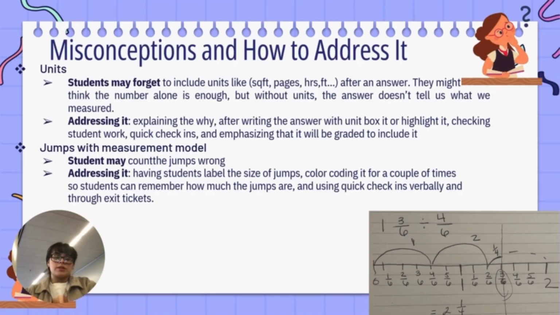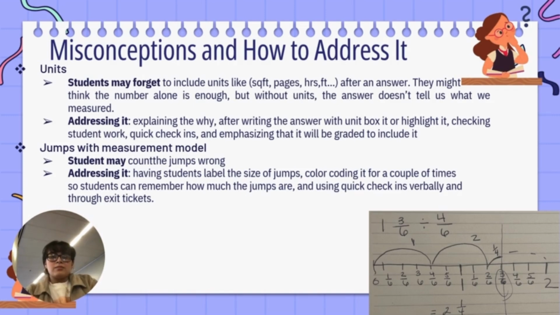The first misconception that could happen is students forgetting to put the units. Students might think that the number alone as the answer is good enough, but without units, it doesn't tell what is being measured. To address that, you have to explain the why.